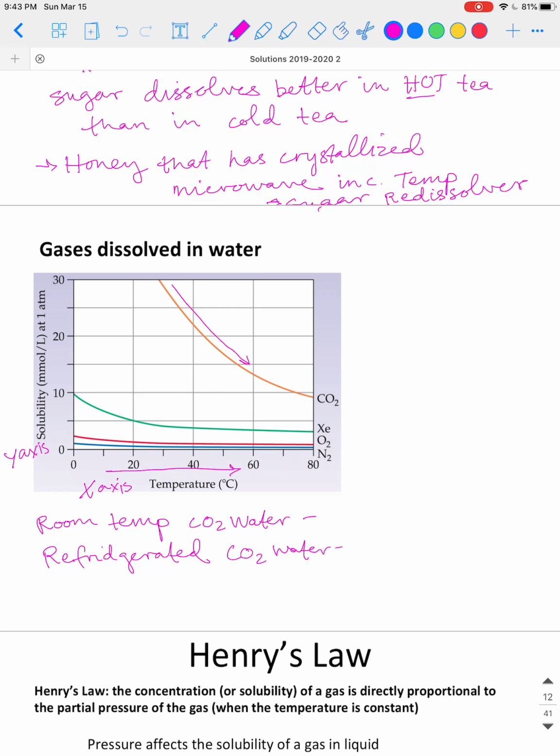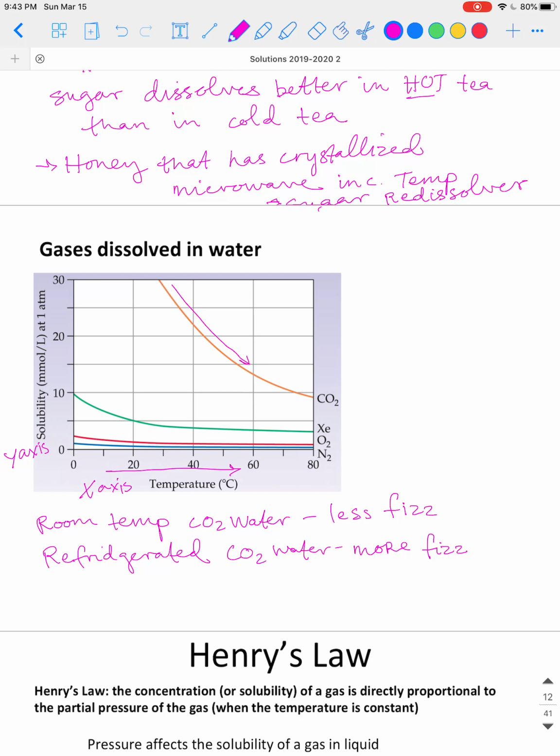Which one is going to have more fizz when you take a drink? Okay, obviously the cold one will. And the room temperature will have less fizz if we've opened those containers.